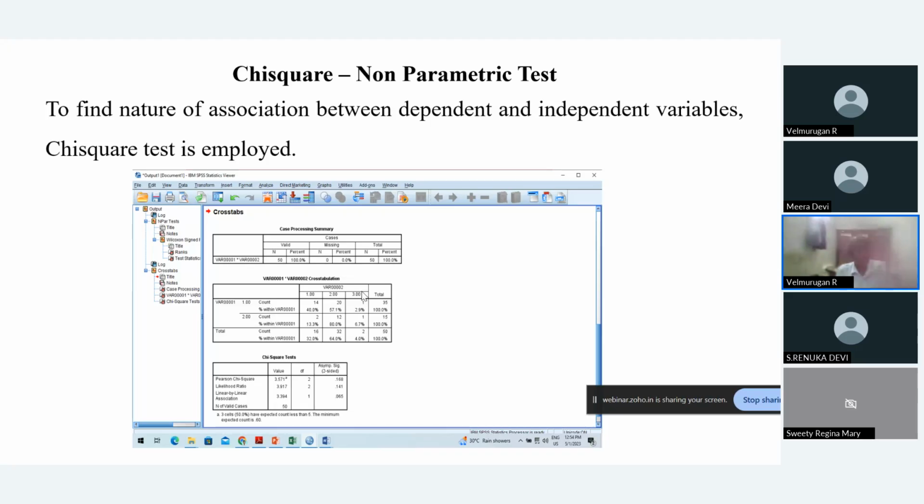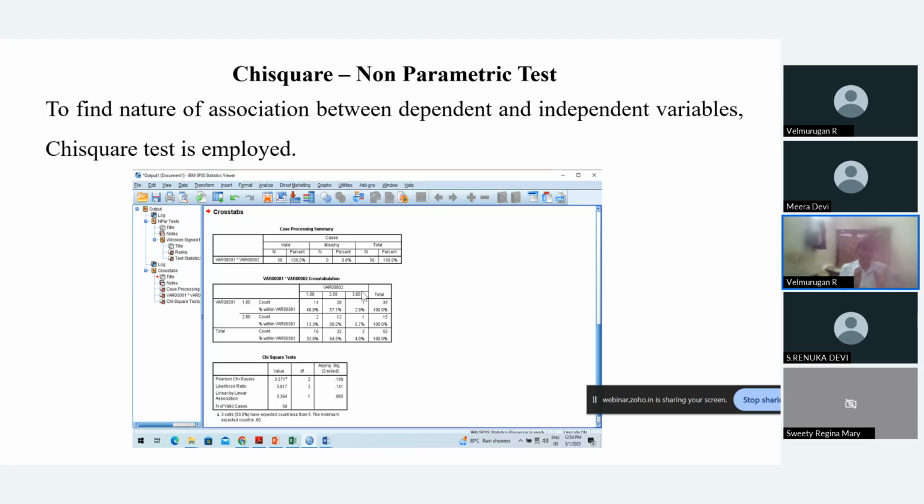But as per your objective, if you want to measure whether there is any association between two variables, kindly employ chi-square. You can employ it when your population is not normally distributed. If your population is normally distributed, you cannot employ chi-square because there is no parametric test.